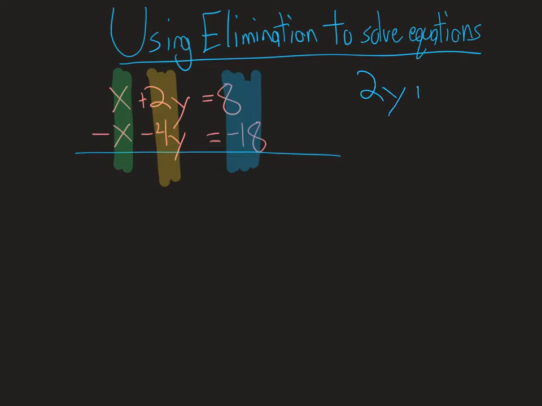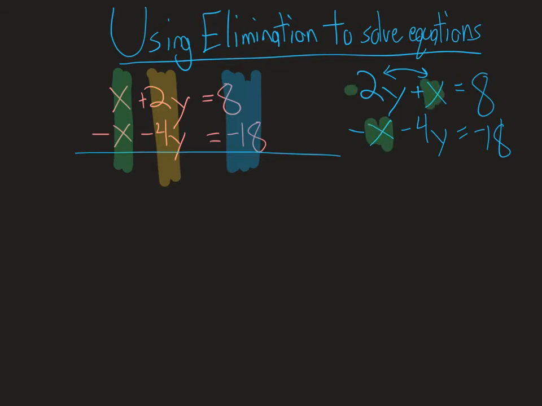Maybe this exact same system of equations comes written like this. Notice all I did was switch the position of the x and the 2y up here. Right now they are not in an order where you can combine them because your x's aren't lined up.